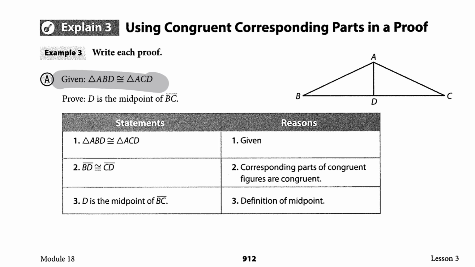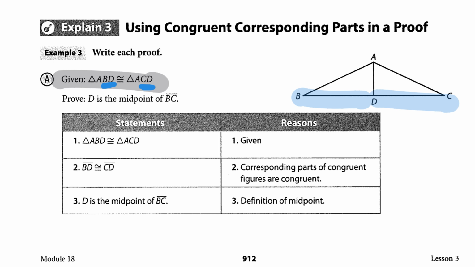Then they make another claim and they say, well, then that means BD is congruent to CD. And the way that they know that is because if you look at corresponding parts of the triangle, BD and CD are listed in the same position.